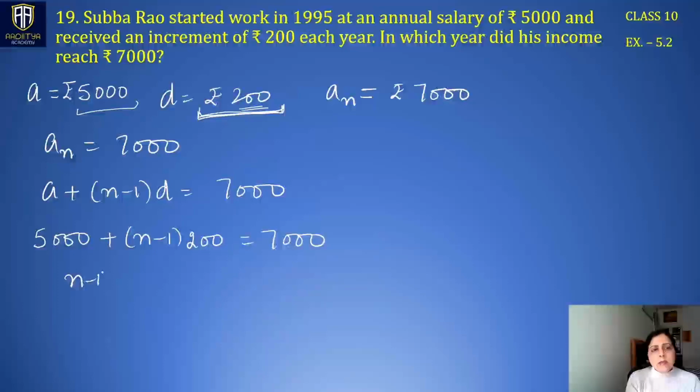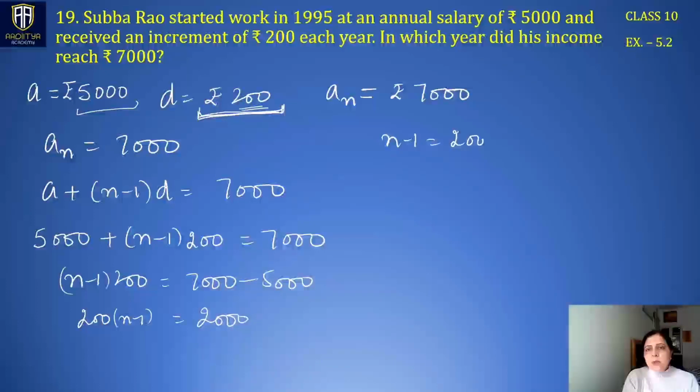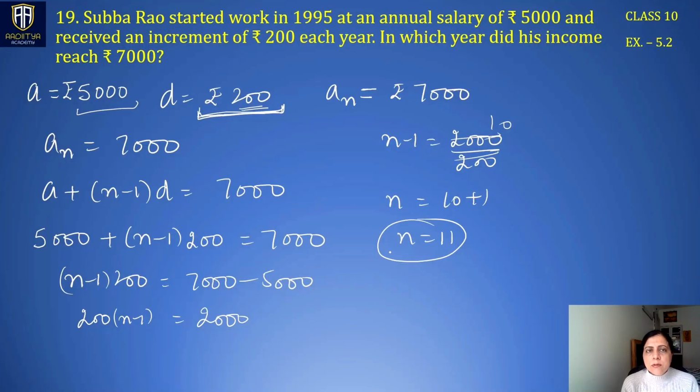So here n minus 1 multiplied by 200 is 7,000 minus 5,000. 200 times n minus 1 is 2,000. So n minus 1 becomes 2,000 by 200, that is 10. n is equal to 10 plus 1. n is 11, right? That means after 11 years, he will get a salary of 7,000.